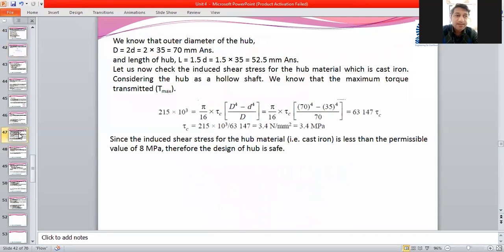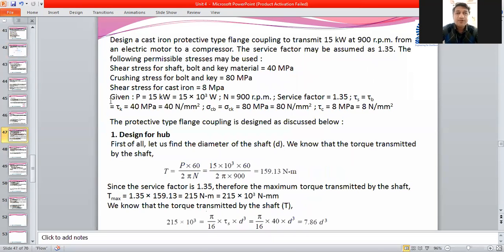Okay. So first of all, we are going to list the given data. The power we want to transmit is 15 kilowatt, that is 15 into 10 raised to 3 watt, at 900 RPM. Service factor is 1.35. Then the allowable shear stress for the shaft, bolt and key is 40 megapascal, that is 40 Newton per millimeter square.